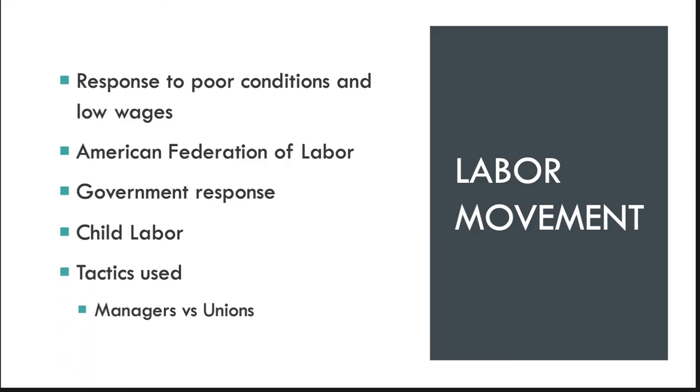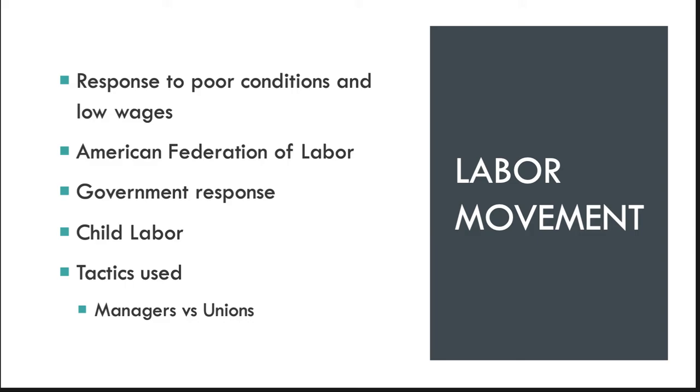We also need to note the tactics used by managers. Remember, the employer would use lockouts to stop workers from coming in until they accepted the conditions. They would use blacklists to threaten workers of ever getting another job. They would use yellow dog contracts to force workers to agree to never join a union in order to get employment.